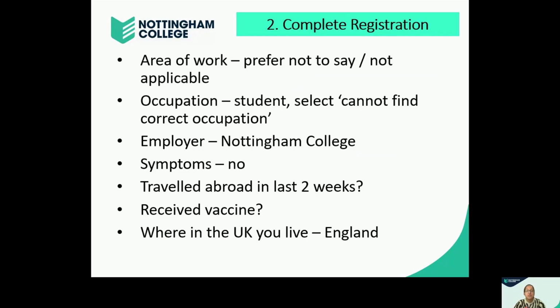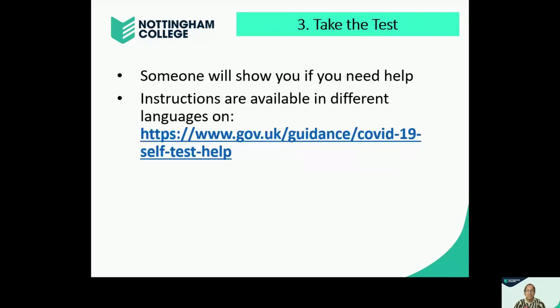It will ask you where you live in the UK. You live in England. Finally, tick the box to say you are not a robot. Your registration is complete, and now you need to take the test. Someone will show you if you need help, and there are instructions in different languages on this government website.